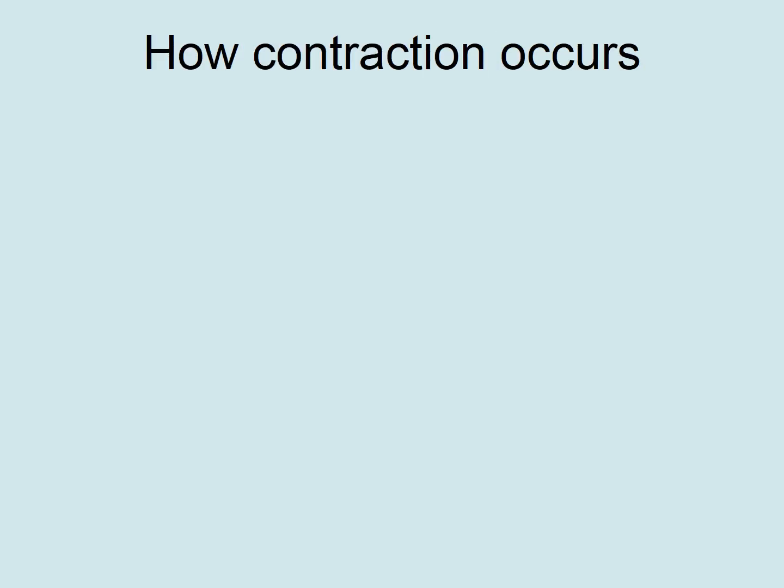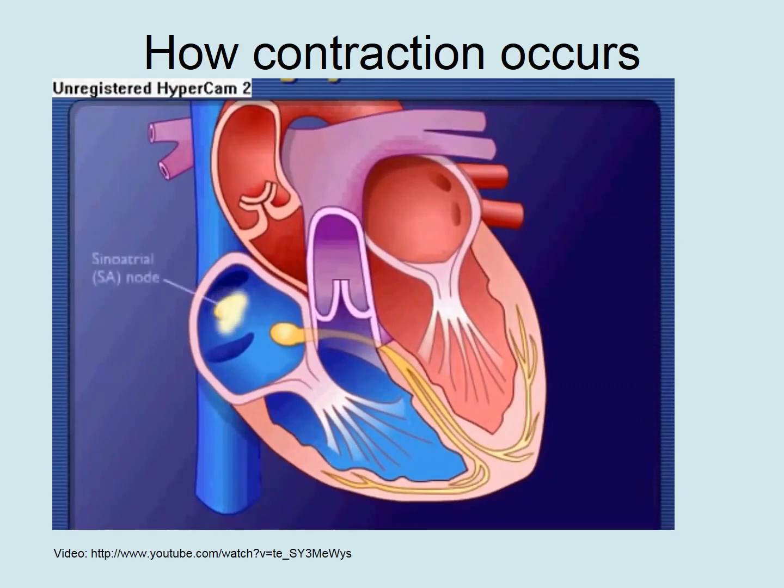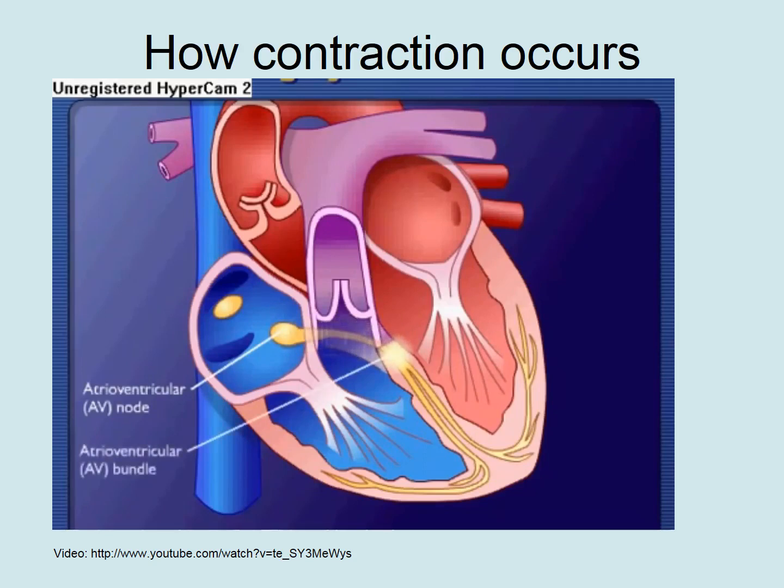So let's take a look at how this conduction occurs. We have leaking of potassium ions from the SA node, which causes movement of sodium into it, which initiates a wave of electrical activity through the atrium into the AV node, which will then collect the electrical signal and pass it along the bundle of His, indicated here as the AV bundle, which heads through the ventricular septum.